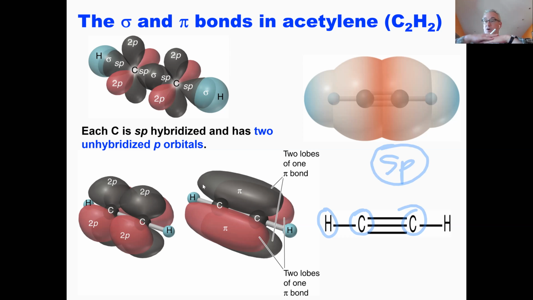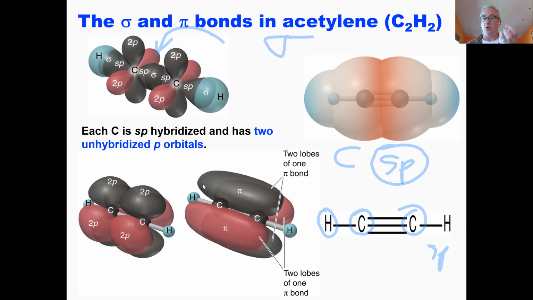So we have direct overlap of the sp orbital in one carbon and the sp orbital in the other carbon. So let's look up at the top here, and that's what that's going to look like. I have an sp hybridized carbon here, I have an sp hybridized carbon here, and those two sp orbitals directly overlap and form your sigma bond.